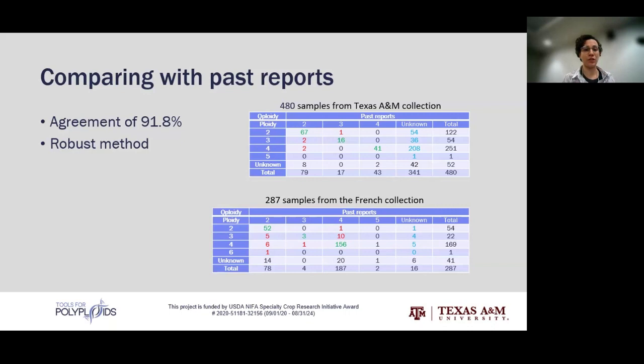Because mostly for the French collection, we were not sure if the past report was actually of the sample that was evaluated. So we actually don't know, but it was only 8%. So it's fine. But it's good too that we could categorize many that we didn't know.